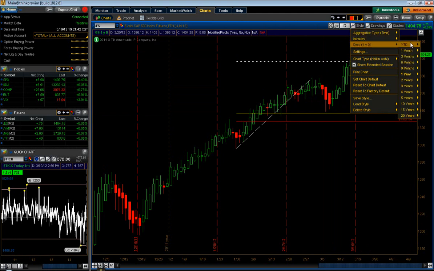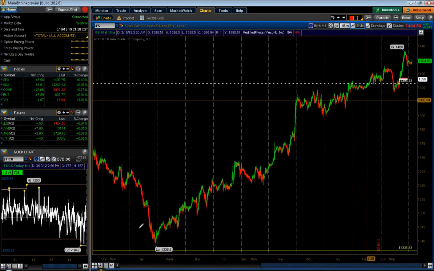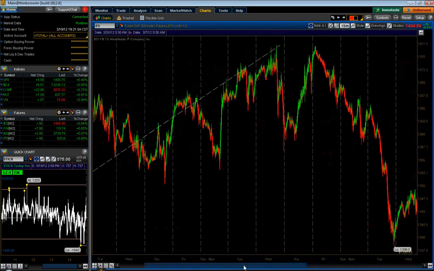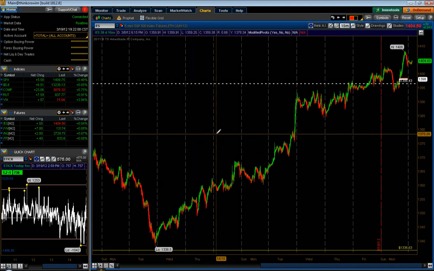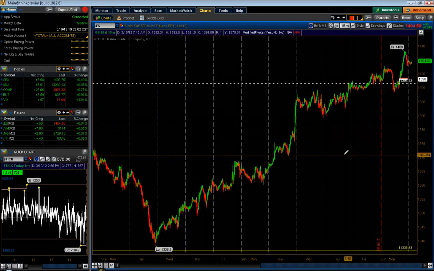On thinkorswim, I can do 20 days max for 15 minutes. So we'll go to a 20-day 15-minute, and simply go all the way to the left-hand side of your screen. And you'll notice, in this trend, each white dash line is a day.